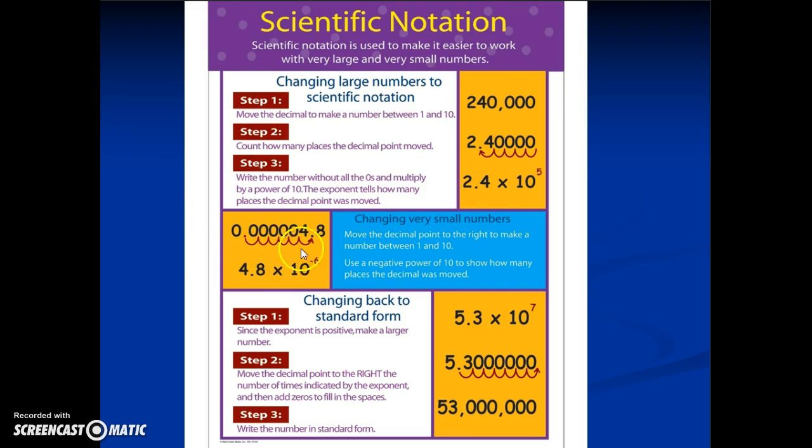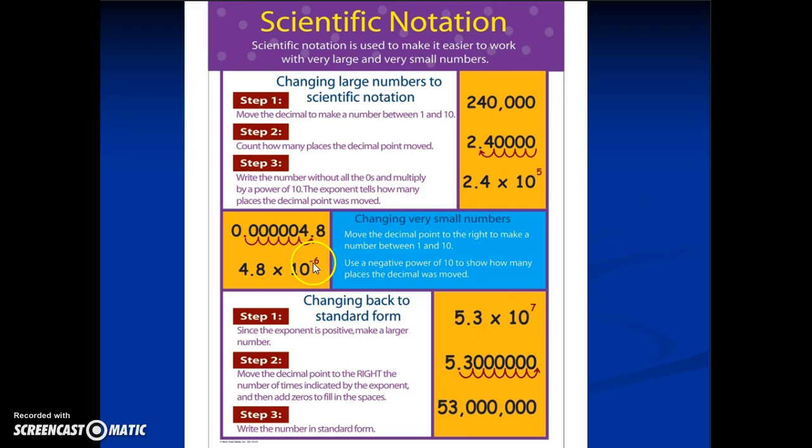Again, you're going to move the decimal so that the coefficient is going to be a number between 1 and 10. In this case, it's between the 4 and the 8, and you wind up with a 4.8. You lose all the zeros, and when you count the number of spaces it took to move the decimal from where it was to where it winds up, it's 6. 1, 2, 3, 4, 5, 6.